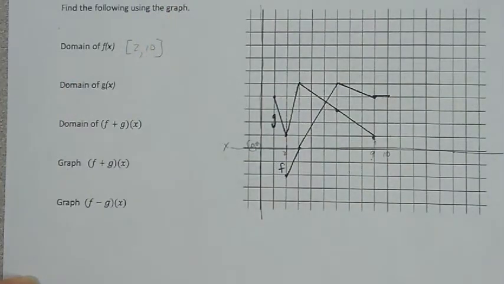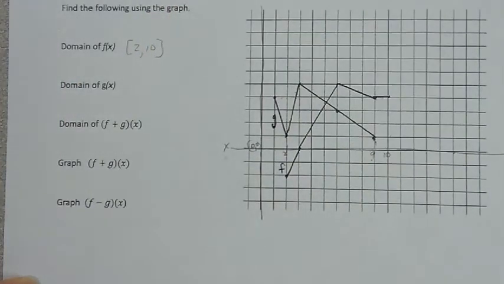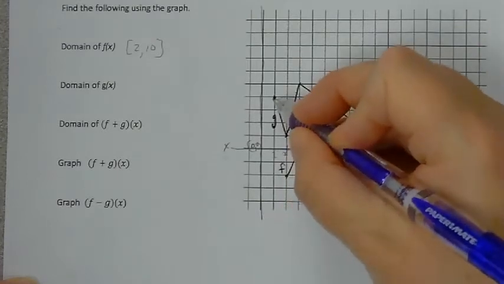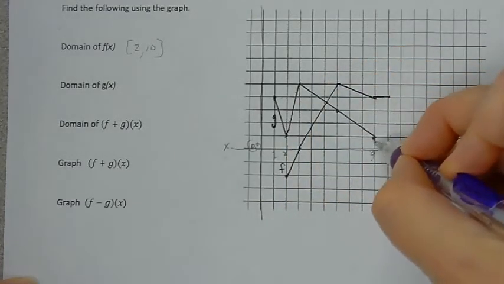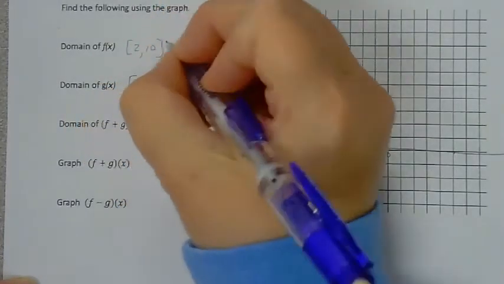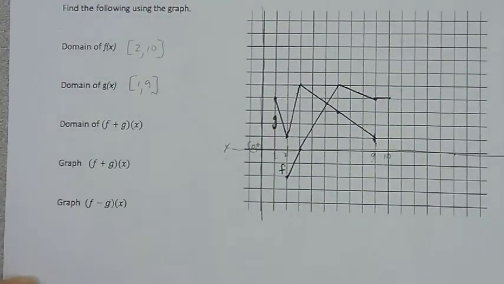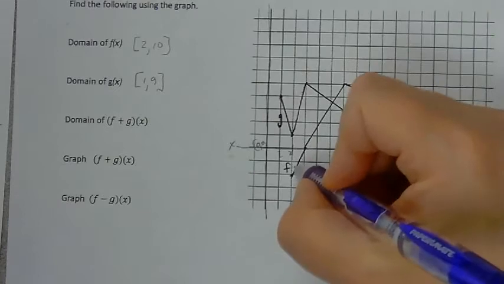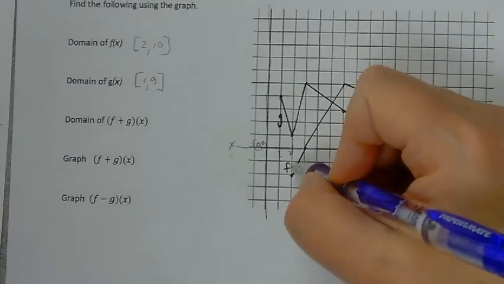for f. Let's think about g. G actually starts back here at 1 and goes until it gets to 9. Okay, let's think about what would happen if I had f plus g. If I want to add points together, they have to be points that are represented on both graphs.